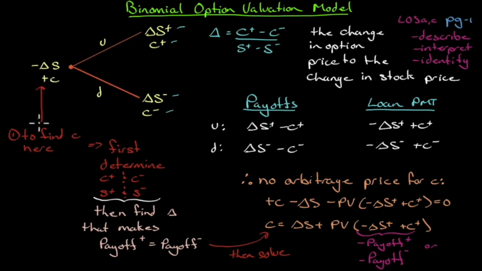To find the value of C here, we must first determine what the value of C is at these two outcomes, then find delta that makes the payoff on the upside equal to the payoff on the downside. If you included the unknown variable in as one of the conditions for equality, you could never solve it. So we cannot include profit in, we must only include payoff.